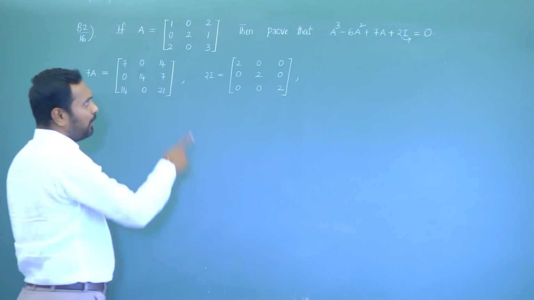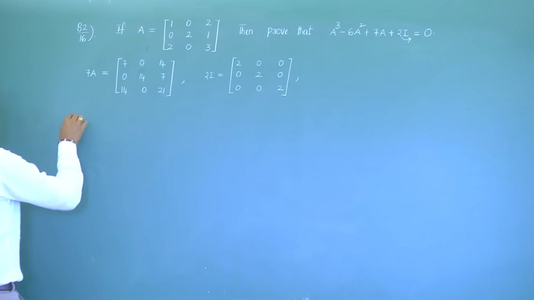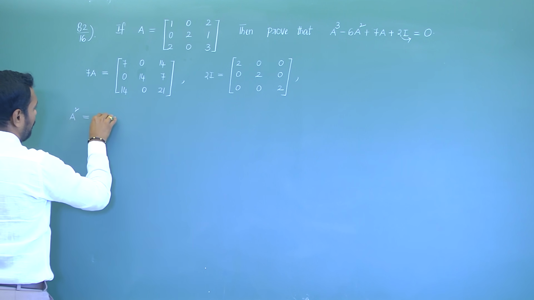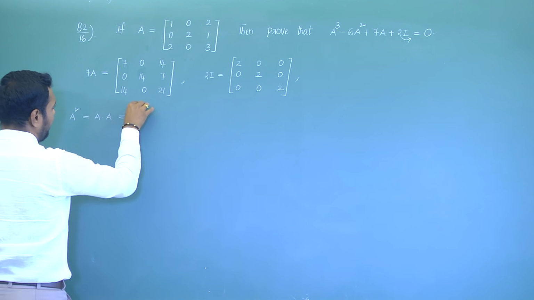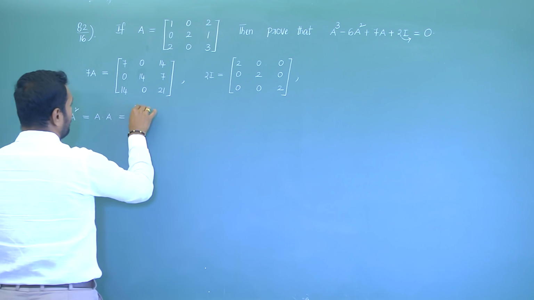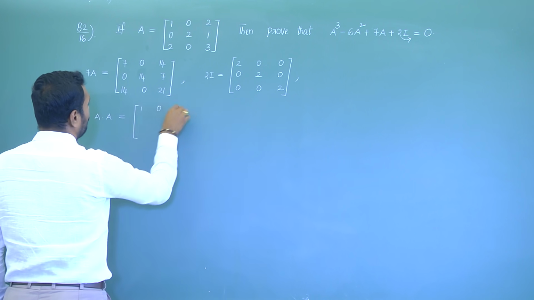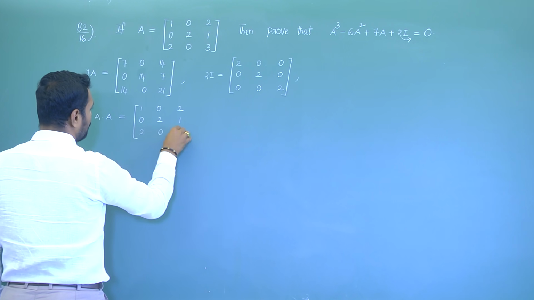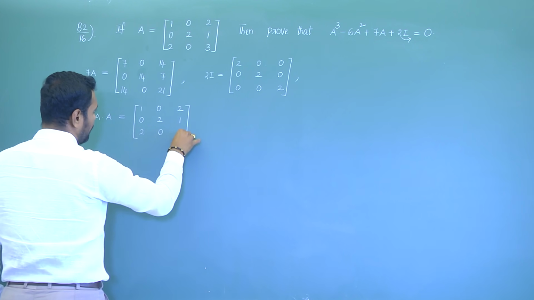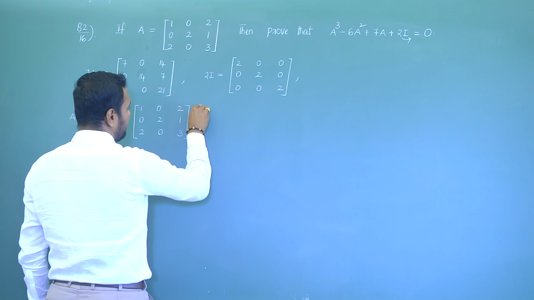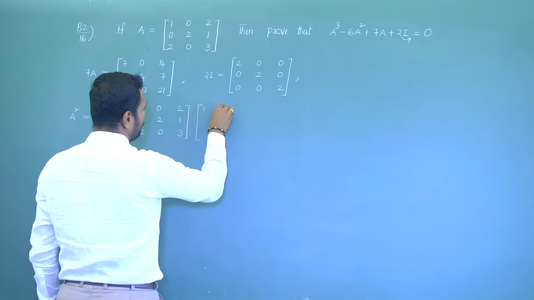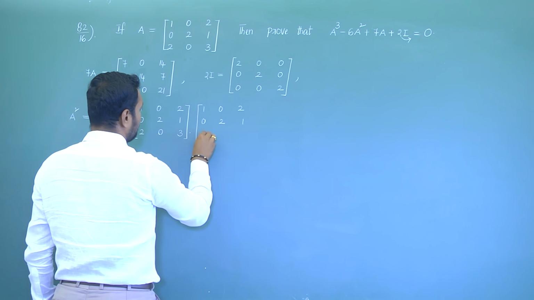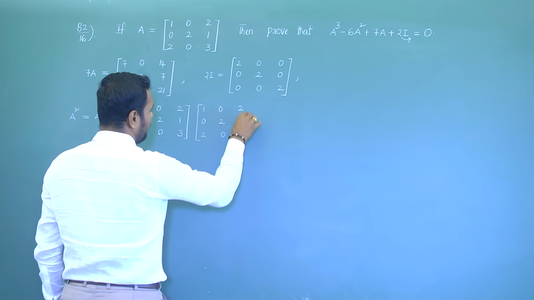Next I have to calculate A square, which equals A into A: 1 0 2, 0 2 1, 2 0 3 into the same matrix 1 0 2, 0 2 1, 2 0 3.